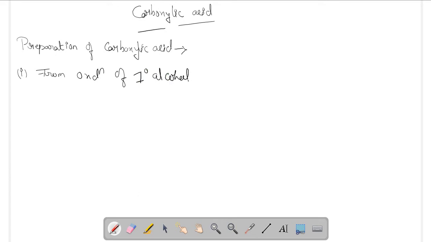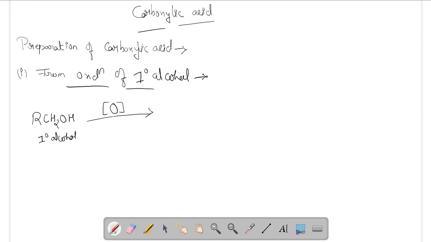So here the general reaction requires a primary alcohol, that is RCH2OH. The oxidation of this primary alcohol will take place.